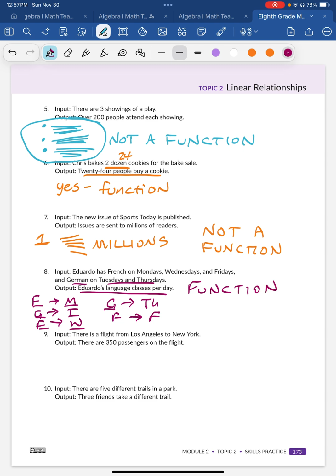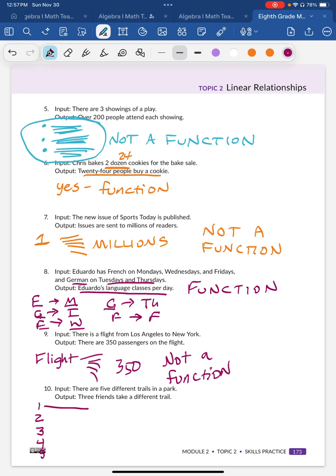There is a flight from Los Angeles to New York, one flight with 350 passengers. So not a function. And then there are 5 different trails in the park. 3 friends take a different trail.